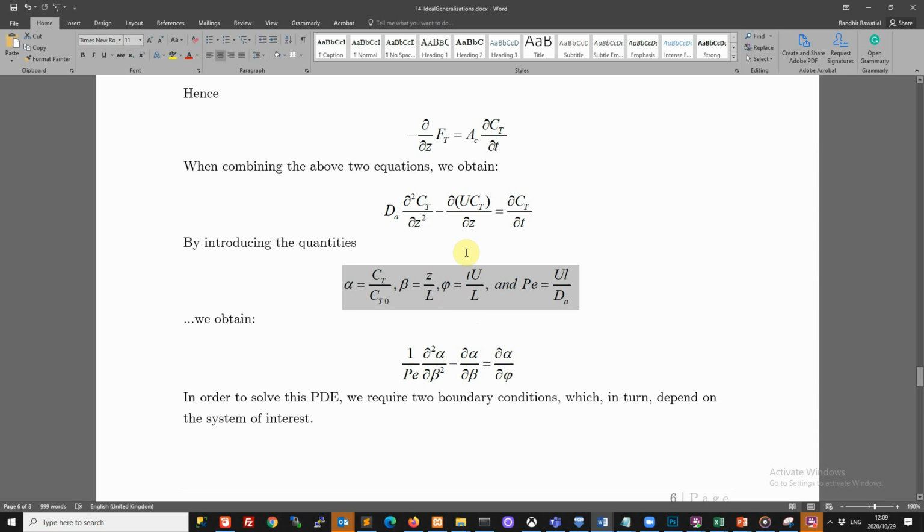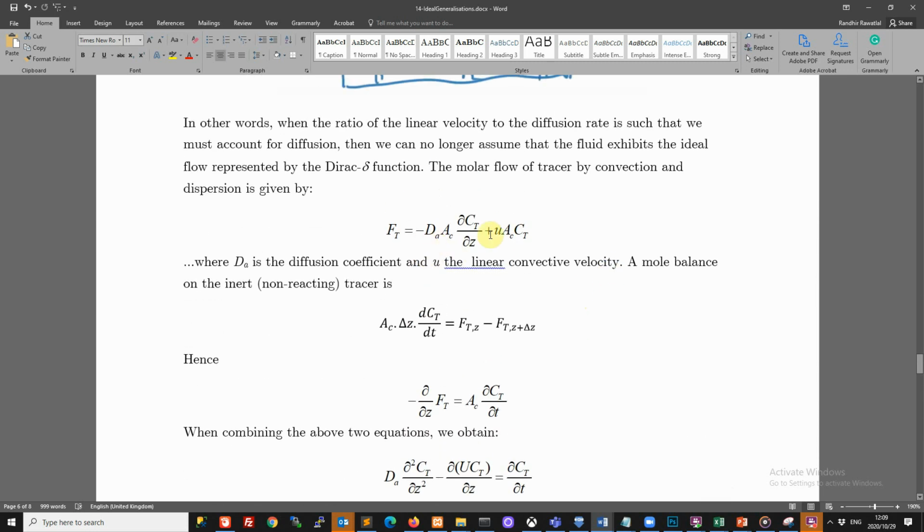And then we also have this useful quantity, the so-called Peclet number. So the Peclet number is the ratio of your velocity times the length to the dispersion coefficient. So if you like, this tells us the competition between convection and dispersion.